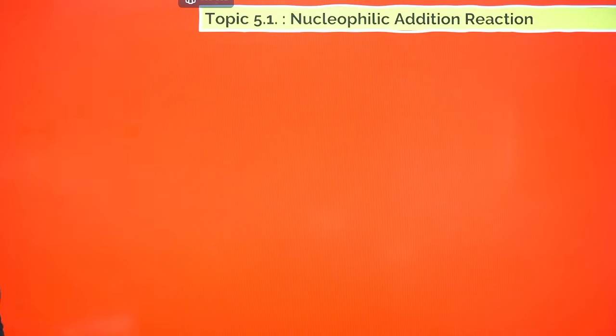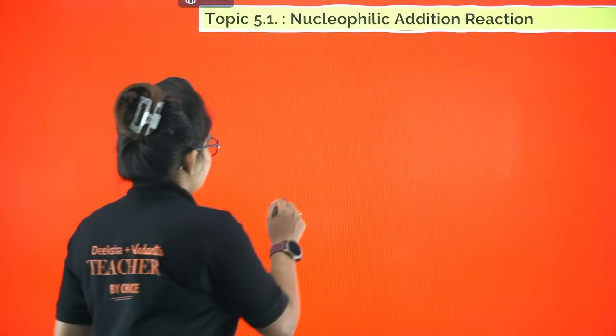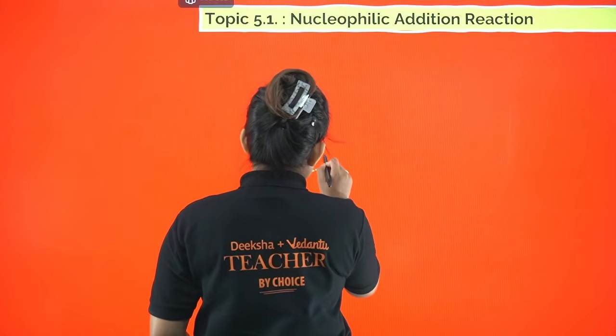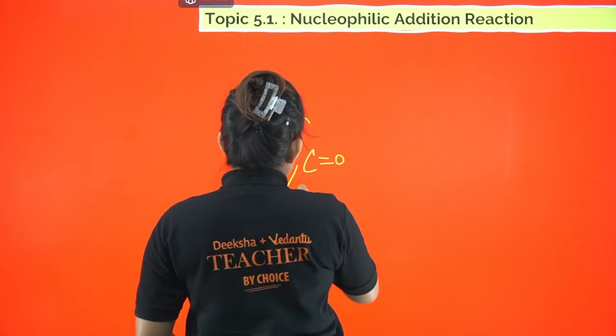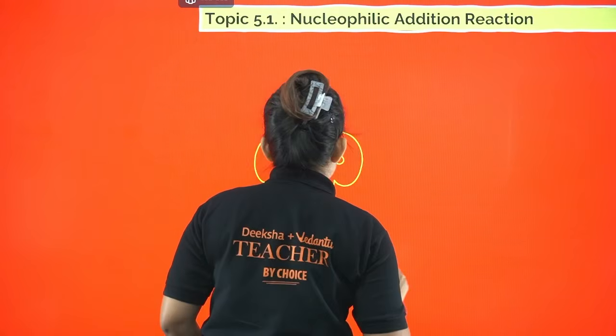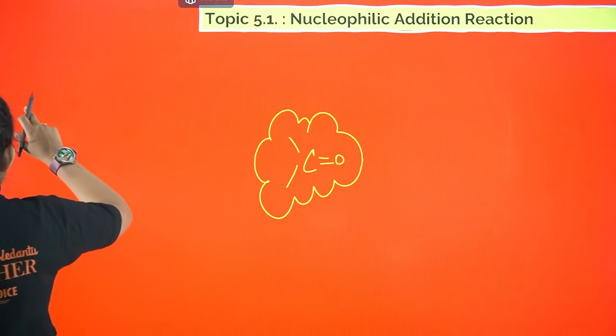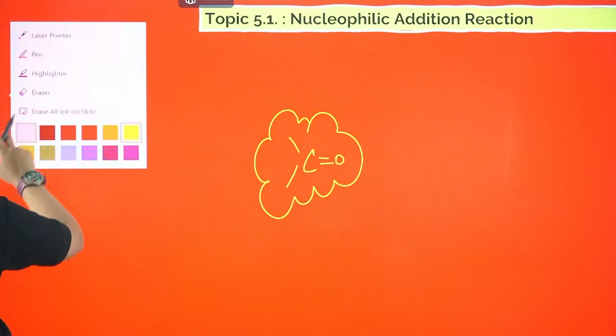Let's proceed. Let's say I have C double bond O. Here we will do the nucleophilic addition reactions. First we will proceed with HCN. It's very important, my dear.